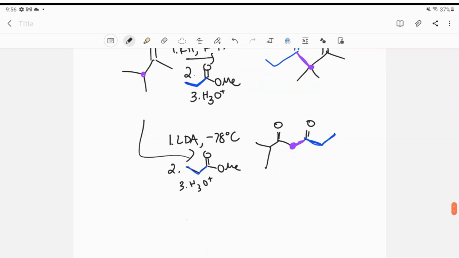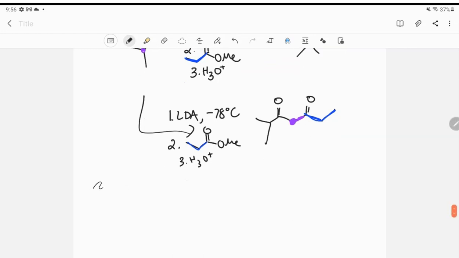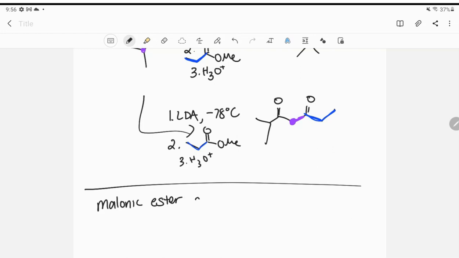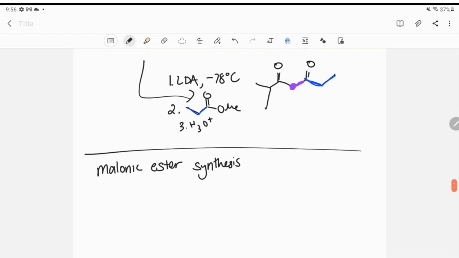All right. So with this sort of thing, with the alkylation idea, we can also do what's called a malonic ester synthesis. This is kind of a combination of Claisen and the alkylation idea.